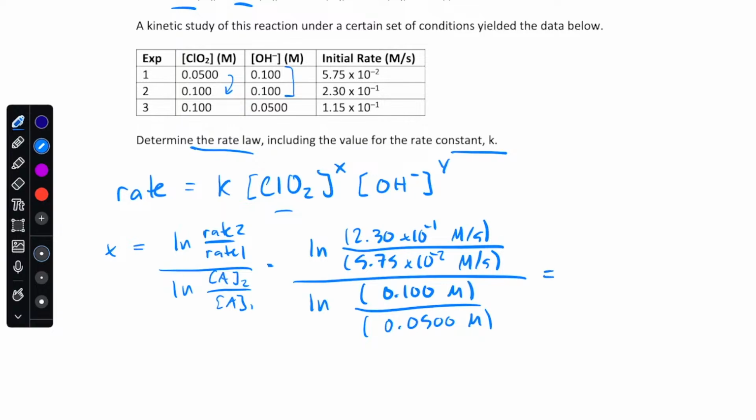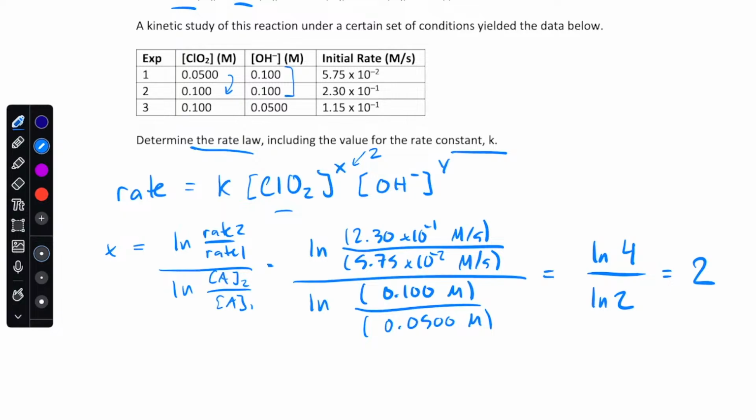That actually equals ln 4 over ln 2. Often it'll simplify out like this, and that equals 2. So that means that x up here is equal to 2, and we are done the first half of the problem.